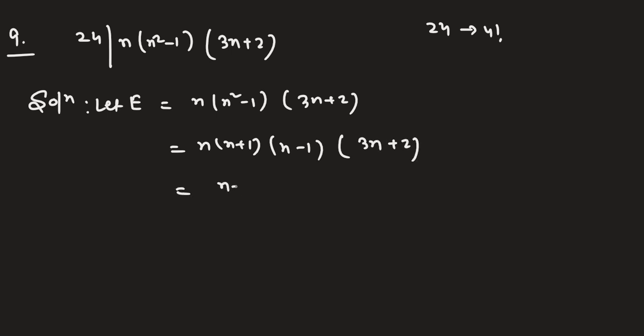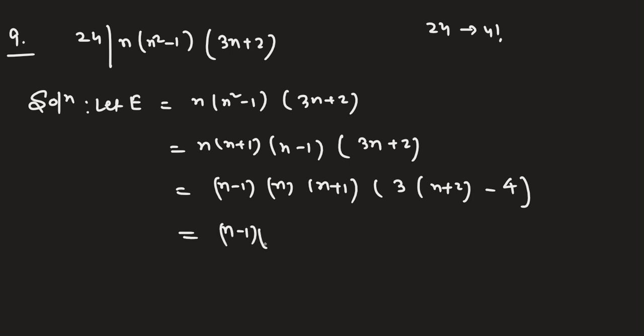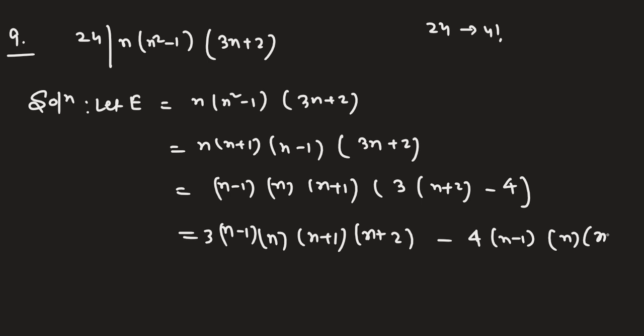So now n-1, then we have n, then n+1. The next integer will be n+2, so for n+2 I am writing here n+2. Now it is 3n + 6, but 2 is present, that means minus 4. So it will be (n-1)n(n+1) times 3(n+2), and then 4 times (n-1)n(n+1).